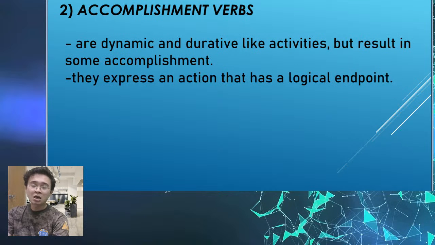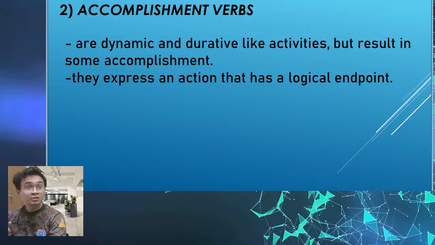And for accomplishment, somehow they are dynamic, and also these verbs are durative. When you say durative, it means it takes a long time, a longer period to do something, and it's quite similar to activities.